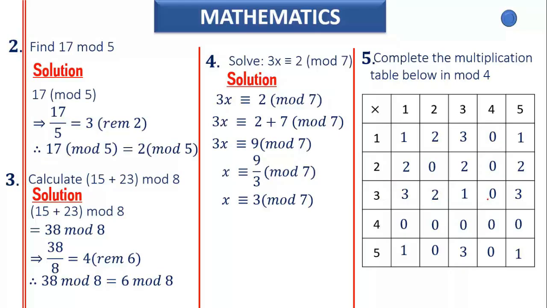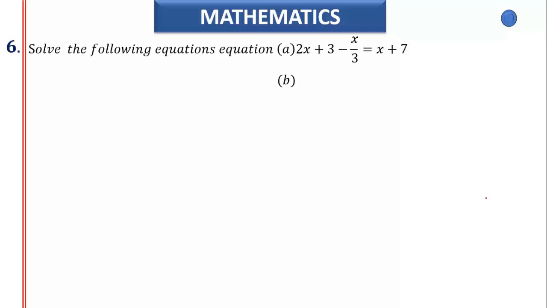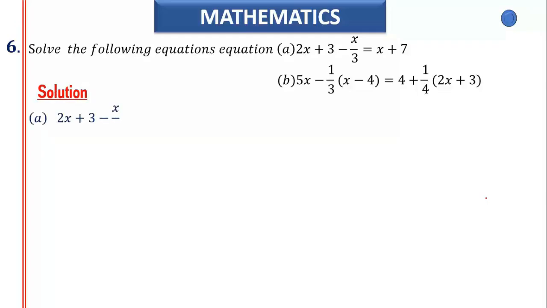Okay, so now let's move on to the next question. We're to solve the following equations. Okay, we have a form of algebraic fraction here, which we are solving together. Now, solution: 2x plus 3 minus x over 3 equals x plus 7.